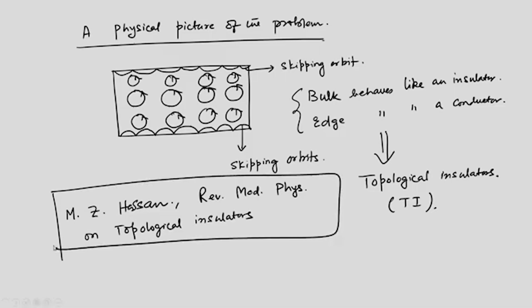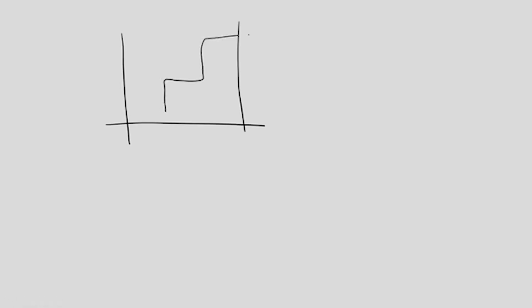Now, having said this, let me tell you what physically is happening with the Hall plateaus. I take this picture, which I just draw by hand, but you have seen it a number of times, and I draw two plateaus.